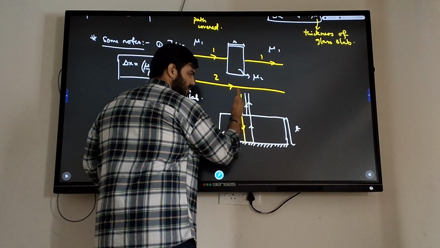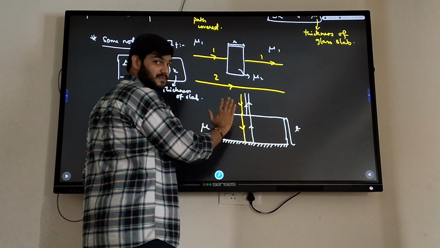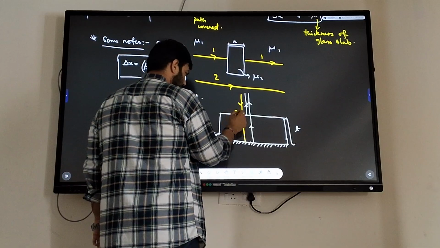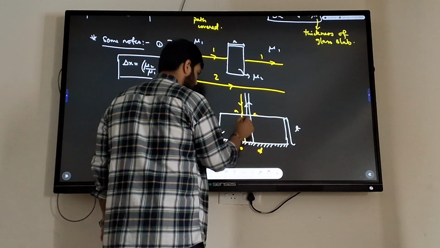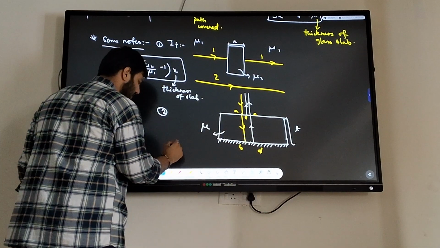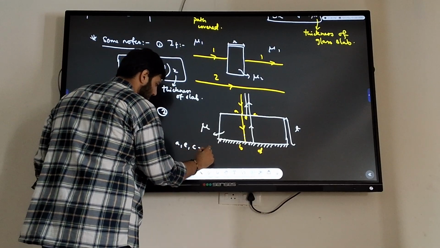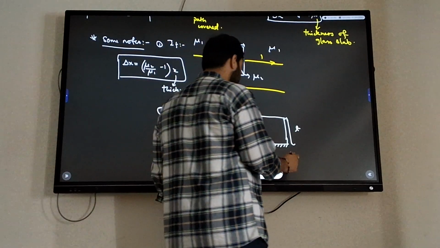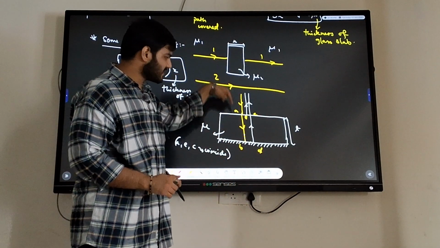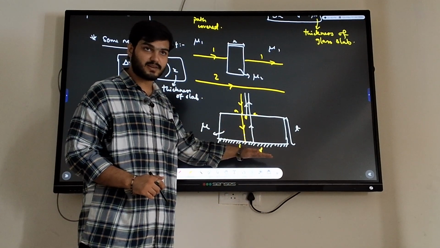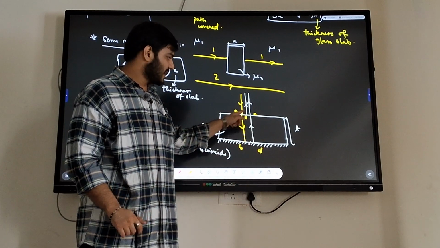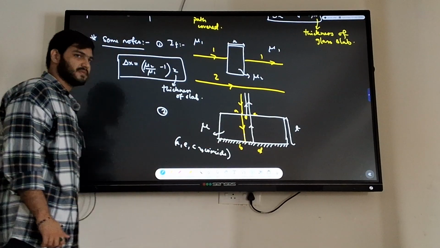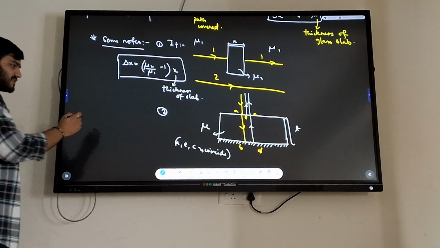Please remember, these three rays are along one line, I have just drawn them separately. Let me name the points A, B, C, D, E, and A, E, C coincide. Remember this. Then the path difference between the ray reflected from the lower surface and the ray reflected from the upper surface is 2 mu t. I am not deriving that, I am just giving the result.